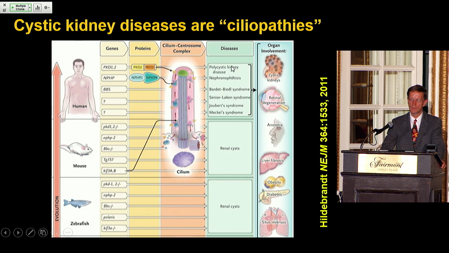The diseases are polycystic kidney disease, recessive or dominant, nephronophthisis with extrarenal manifestations of retinitis pigmentosa, and in Bardet-Biedl syndrome, as you know, also anosmia, liver fibrosis, obesity, diabetes, and it can also be associated with situs inversus because cilia play a role in that, and with neurologic defects such as cerebellar vermis hypoplasia.